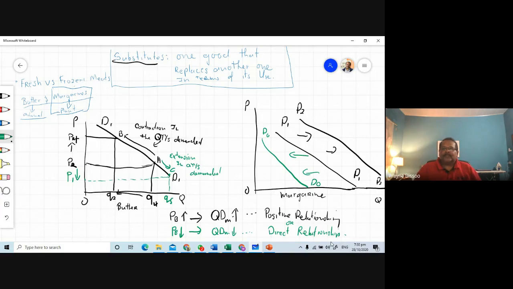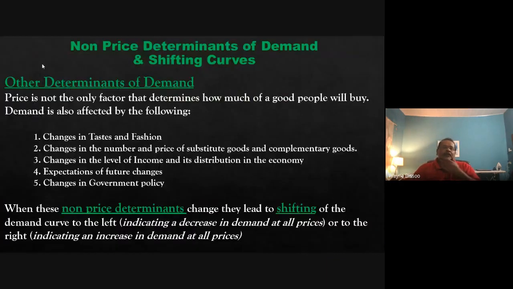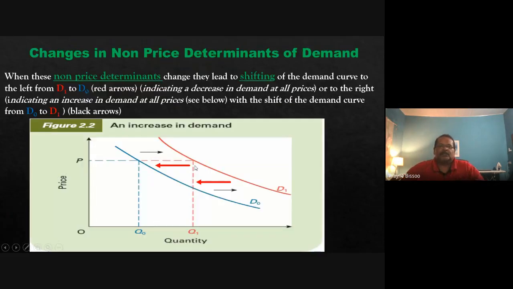All right. So let's go back to the presentation and pick up where we are. So we understand how these things impact the market, so that when these things change, it causes the curves to shift to the left or to the right, depending upon the impact. So whenever there's a change in a non-price determinant, it could shift the curve.